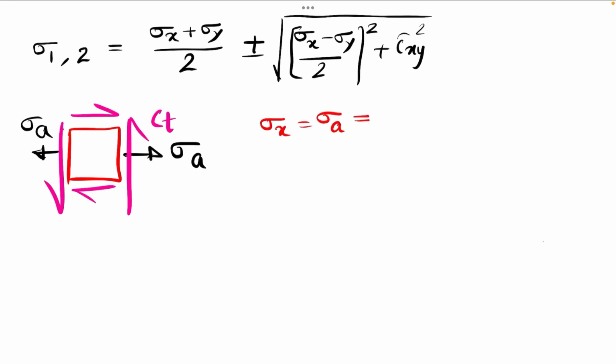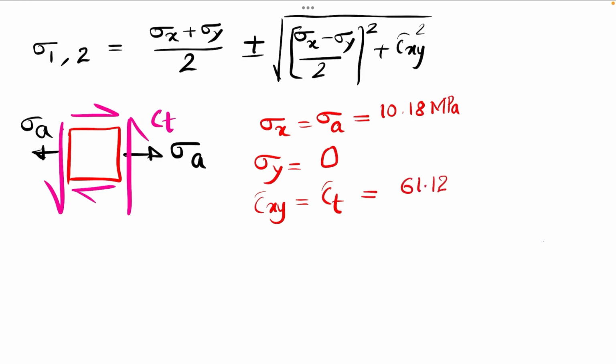Sigma x equal to sigma a, which is 10.18 megapascal, and sigma y, there is no normal stress in this state of stress, so sigma y value is 0, and tau xy is the shear in this xy plane, which is due to this torsional shear, and its value we have already obtained as 61.12 megapascal.